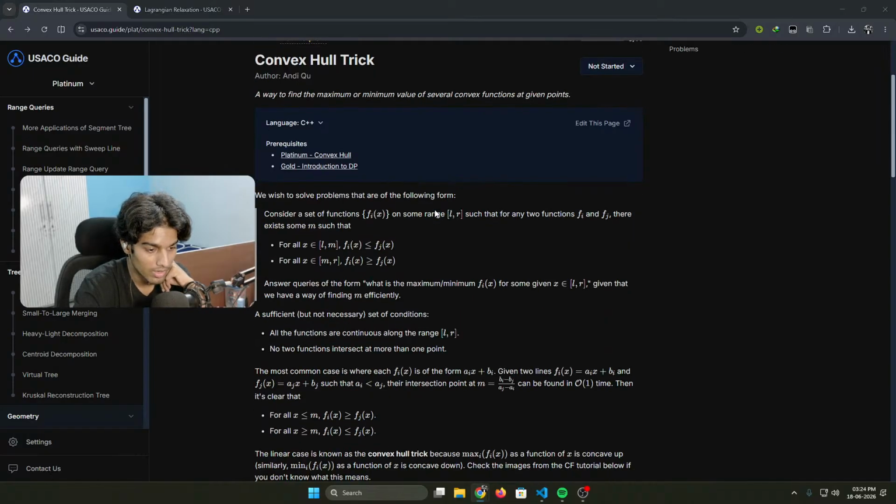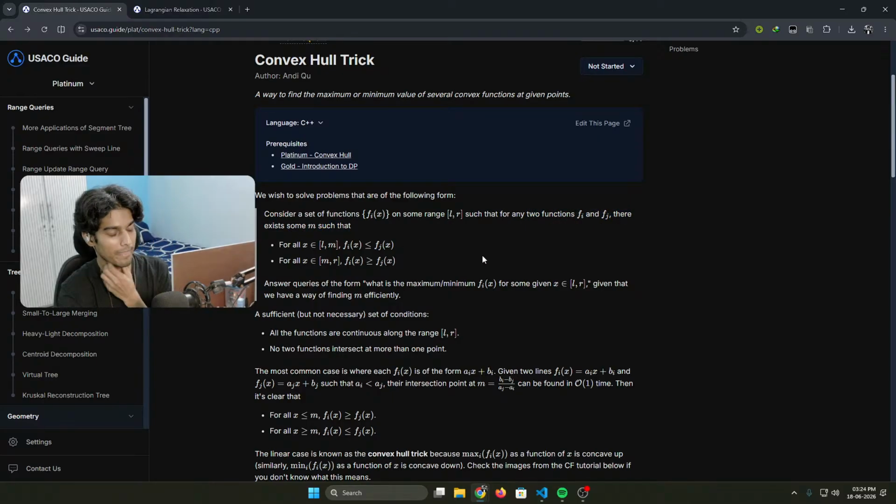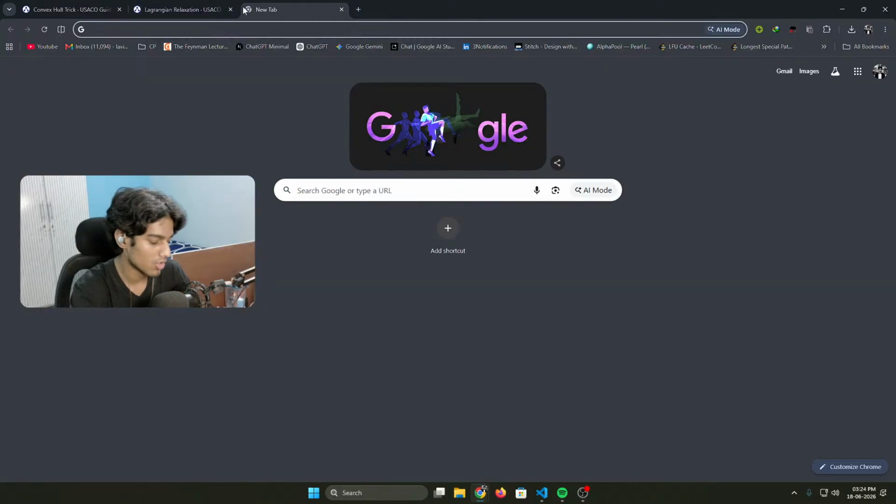Yeah, kinda aware. Consider a set of functions on some range L to R such that any two functions exist some M. So this is some range. Okay, let's draw.